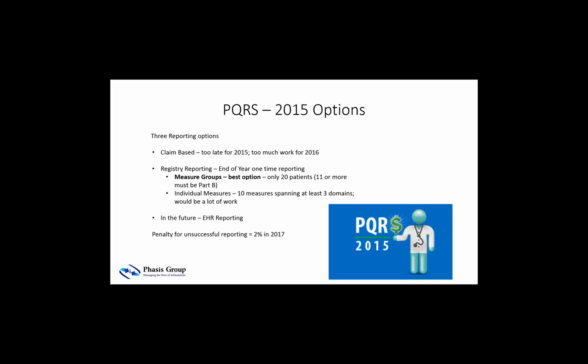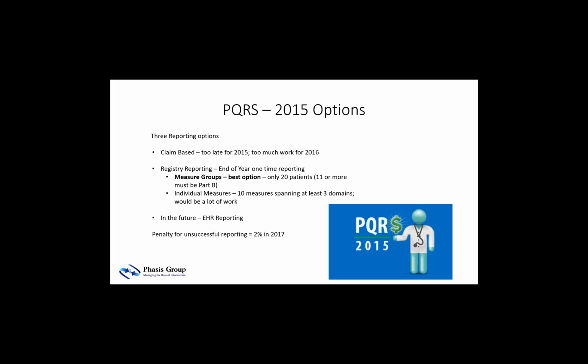Now that it's turned into penalties instead of incentives, my recommendation is to use the registry to report. You can still report on individual measures if you want, which is the way that claims-based reporting goes. If that's the case, you're picking 10 measures spanning 3 domains, and on every single patient that had a visit, you're going to have to answer questions in the registry. The easier way to go is selecting a measure group.